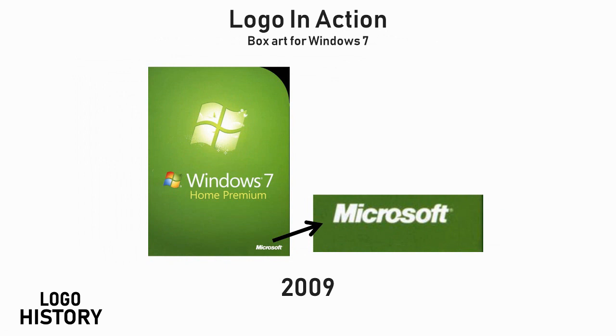This is the last incarnation that we see of the logo in action. Windows 7. Can you see the logo at the bottom there? Of course, Windows 7 would be the last operating system in the Windows family to actually see this logo, because in 2012 we would see a bit of a rebrand.